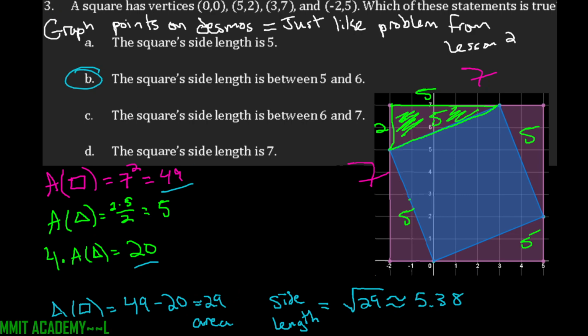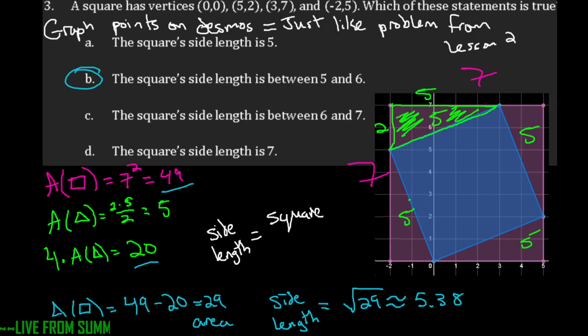So make sure, again, if we wanted to write it like this: side length equals square root of area.